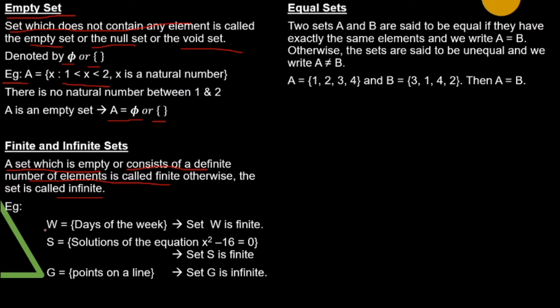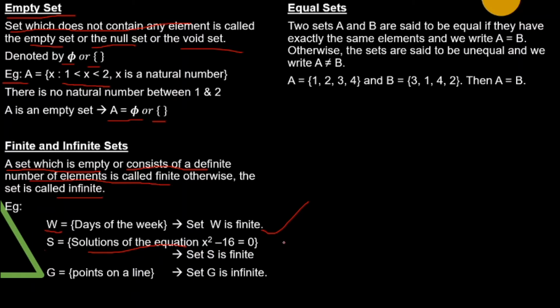Okay, here we have an example. As you know, we use capital letters to represent the name of the set. So W equal to days of the week. We know there are only 7 days in a week, right? So set W is finite. Next, S is the set of solutions of the equation x square minus 16 equal to 4.